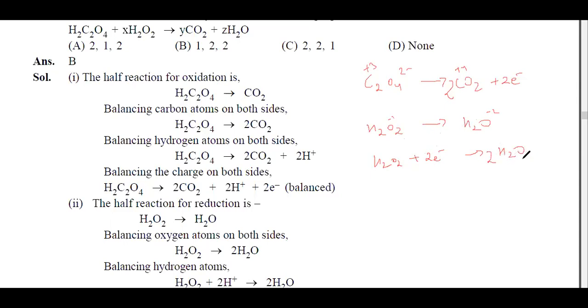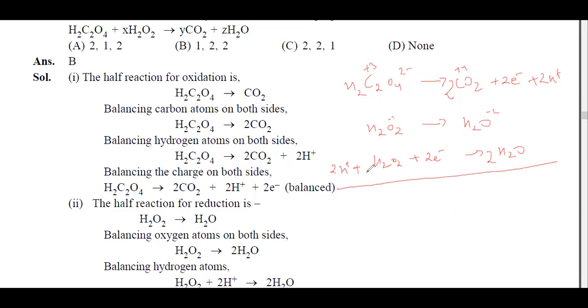Then oxygen is balanced, but hydrogen is not balanced. So 2H plus. In the other case, H2 was also there, so we have 2H plus on this side too, because you have to balance hydrogen anyways.